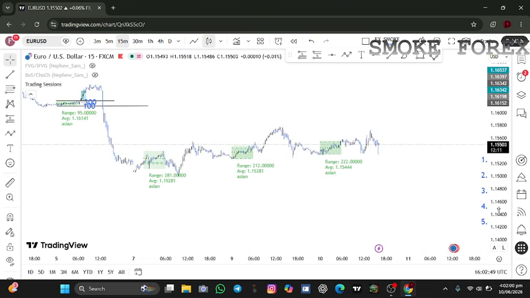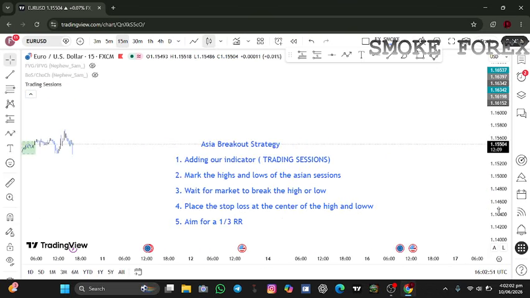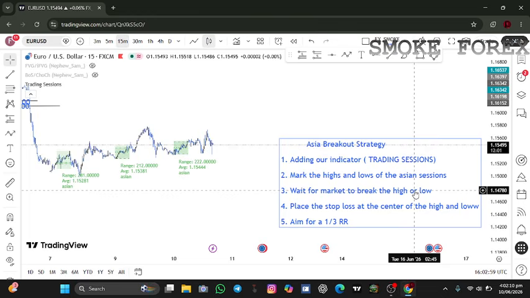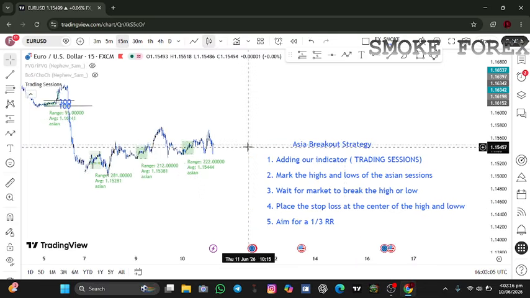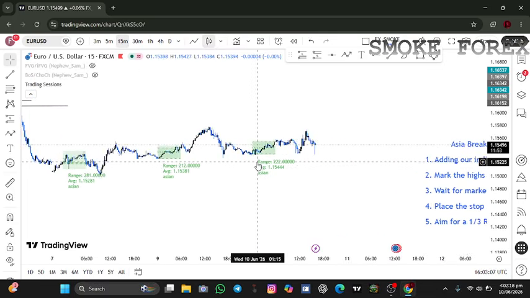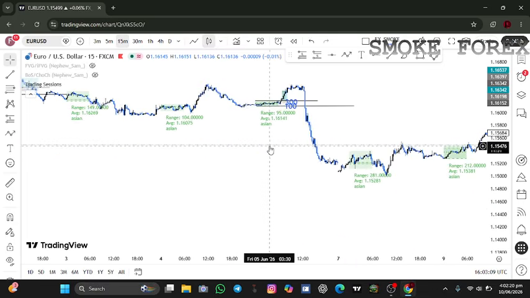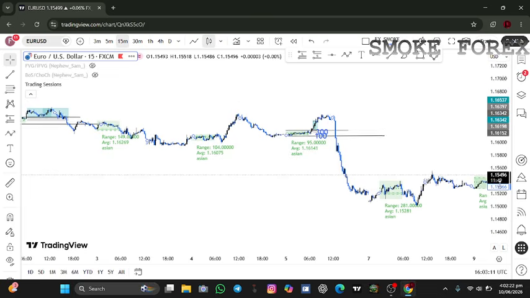So all you have to do next is, when the Asian session opens, go and sleep. Feel free to sleep until around 5:45. You need to be up and looking at what the market structure is, what the market is doing.